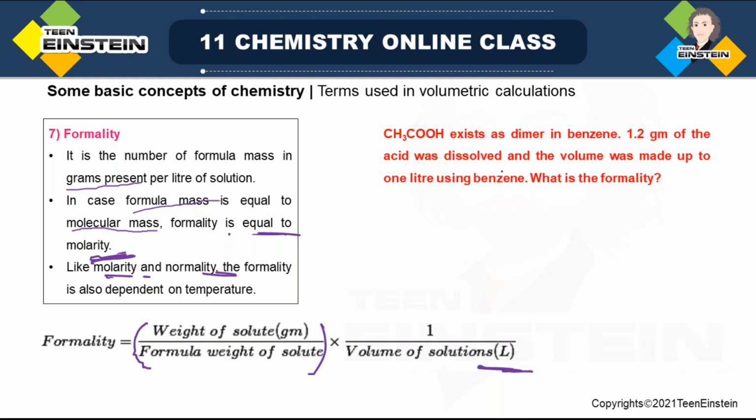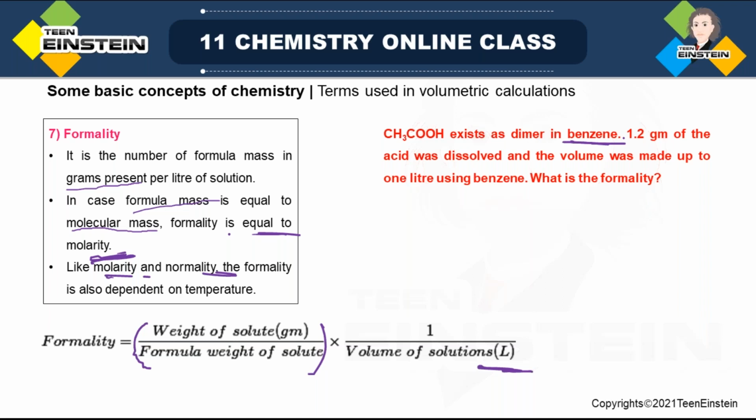Acetic acid, when it is in benzene, forms dimer. So CH3COOH, two molecules together, will make a molecule which is a dimer, and it will behave as if it is a single molecule, and it happens in benzene solution.